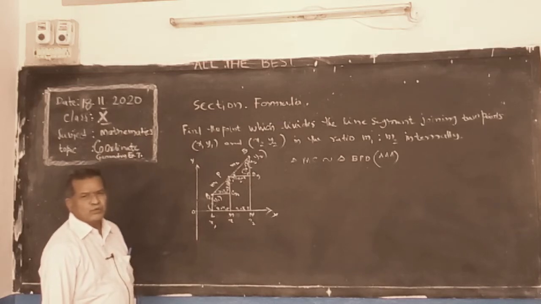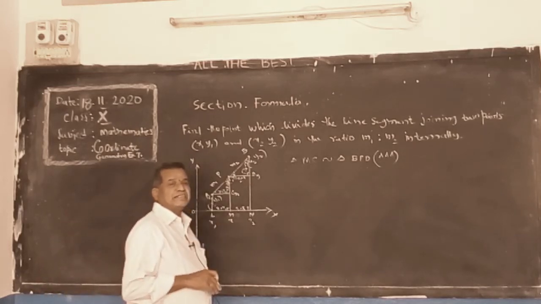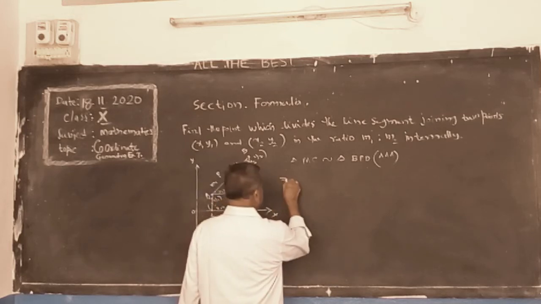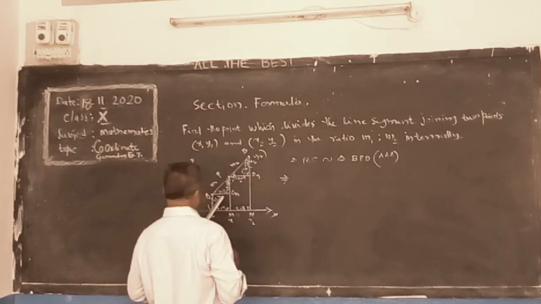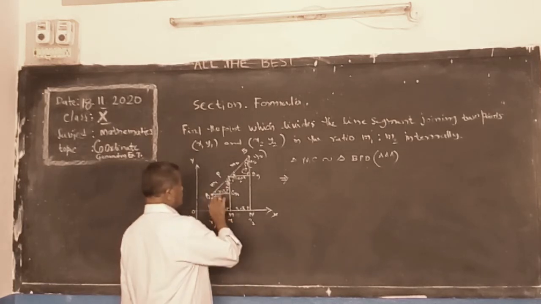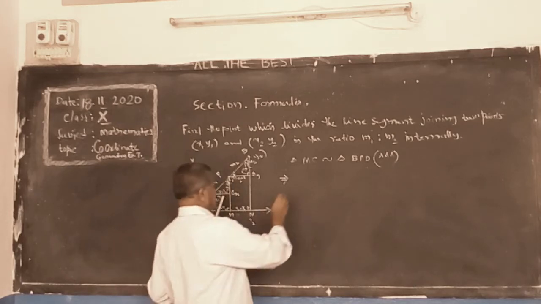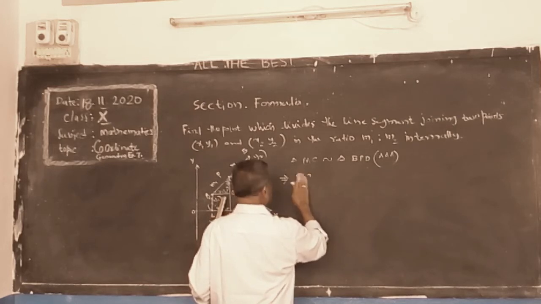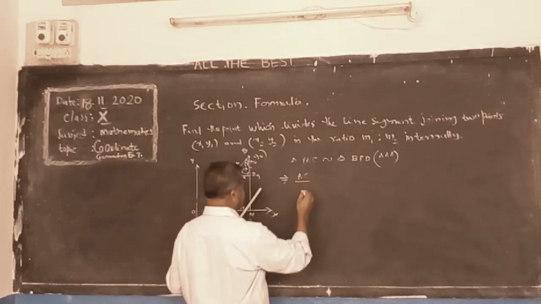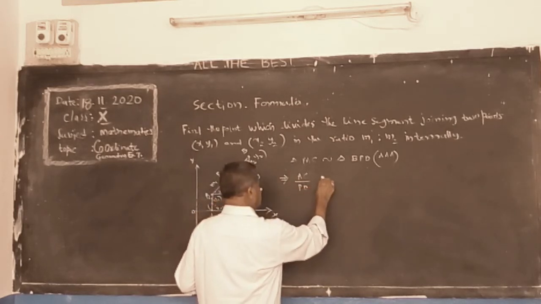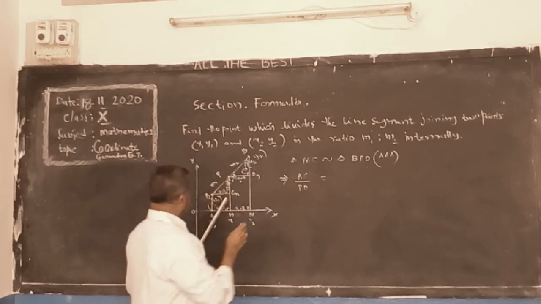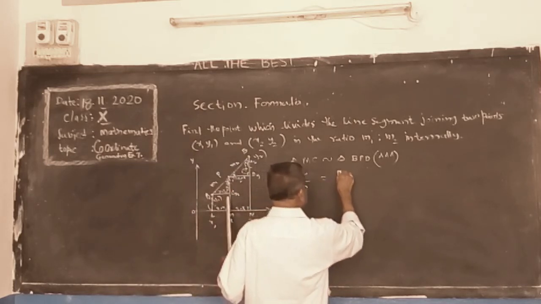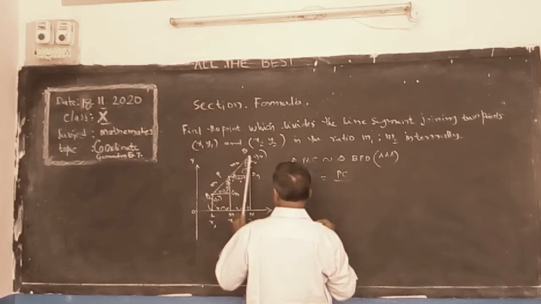When they are similar, we can write the ratio of corresponding sides. First, I am taking the x coordinates: side AC by side PD is equal to side PC by side BD.